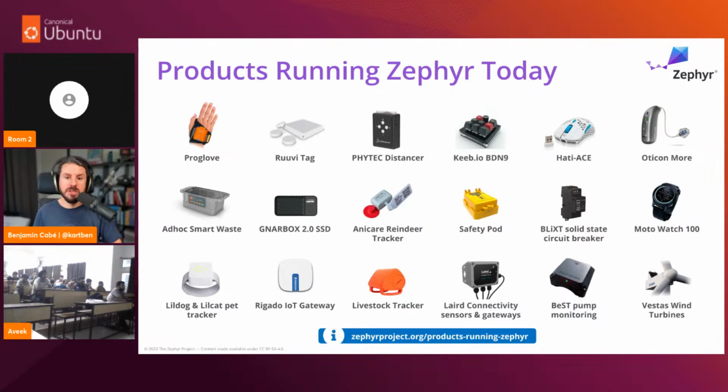You can potentially send a ranger to help in case you detect that someone might be in the process of poaching the rhino for the horn. So that's really, really small, but you would also find Zephyr running in the bottom right of the slide: Vestas wind turbines. Those really, really huge wind turbines have Zephyr on them to do monitoring of the whole electrical system.